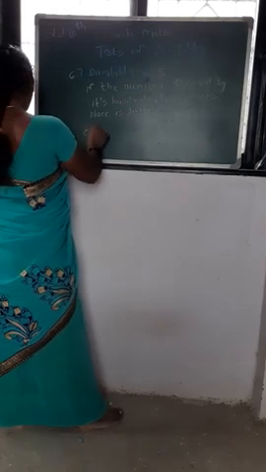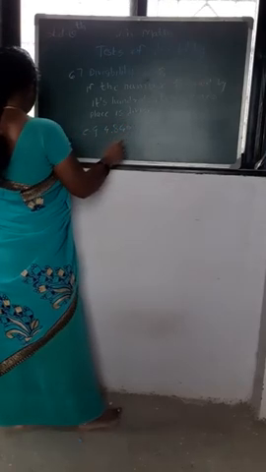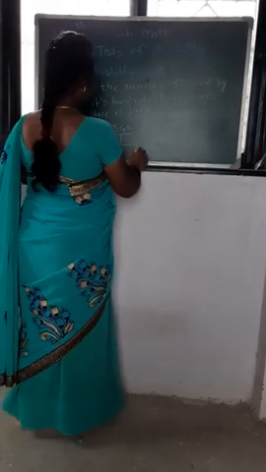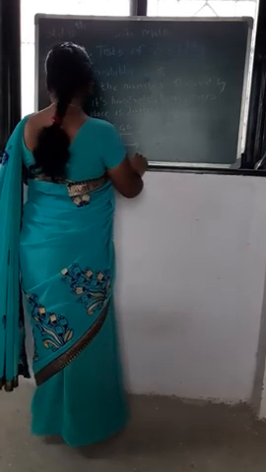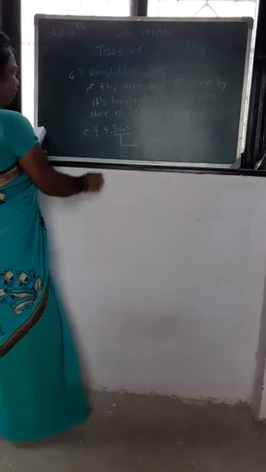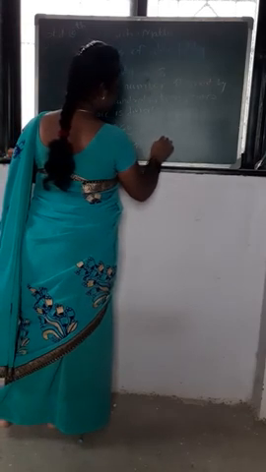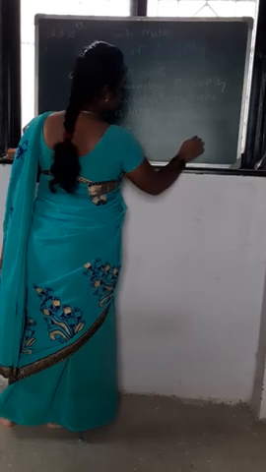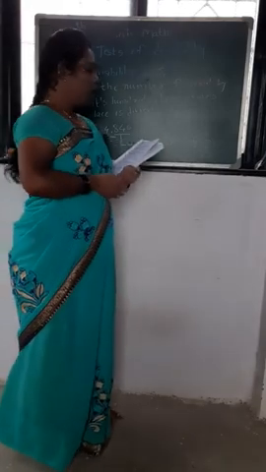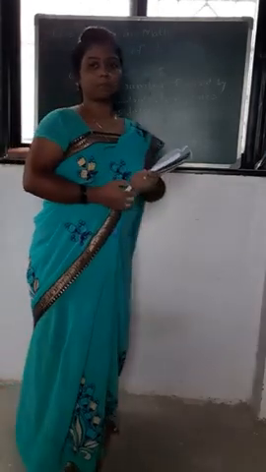For example, 4840. In this number, 840 is divisible by 8. 8 fives are 40, so it is divisible by 8.